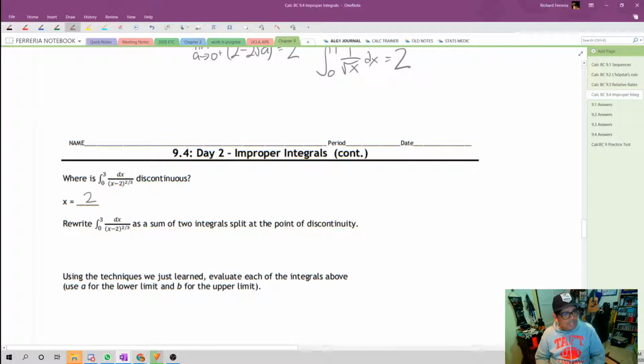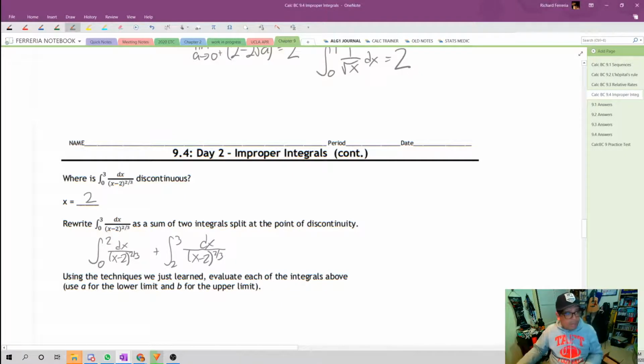Let's rewrite this as two integrals using our properties of integrals, which you may or may not have forgotten. So this is the integral from 0 to 2 of dx over (x minus 2) to the 2/3 plus the integral from 2 to 3 of dx over (x minus 2) to the 2/3.